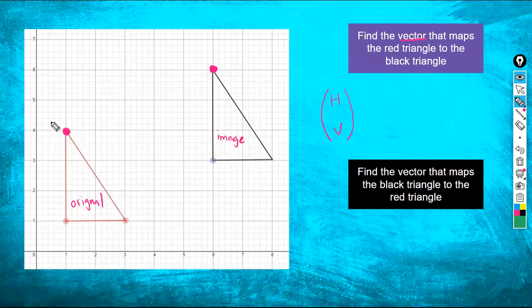So pretend you're standing at point A and you want to walk to point B, but you're only allowed to move horizontal or vertical. You can't move slanted. So you begin to walk 1, 2, 3, 4, 5. So you walk 5 places to the right.